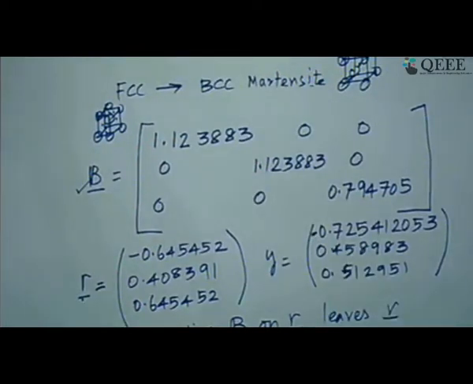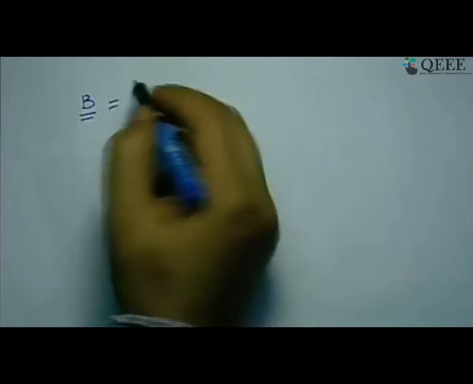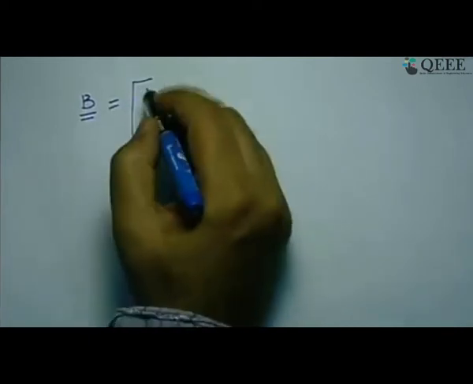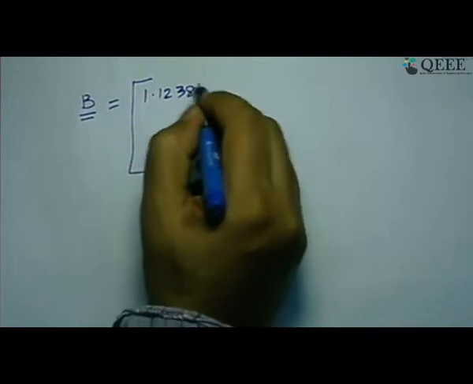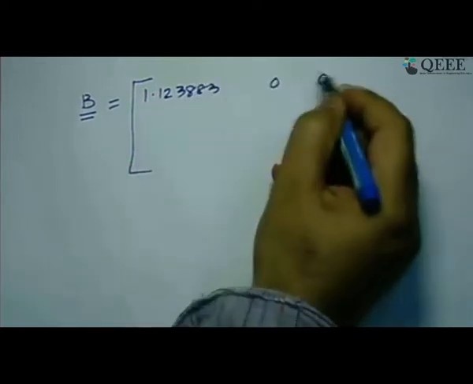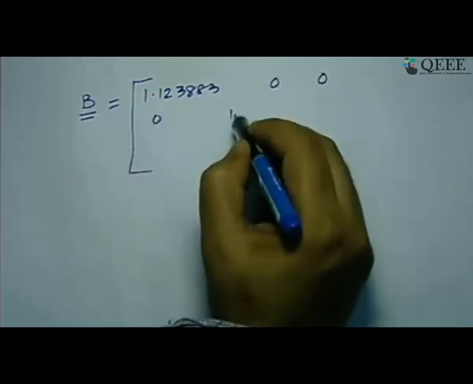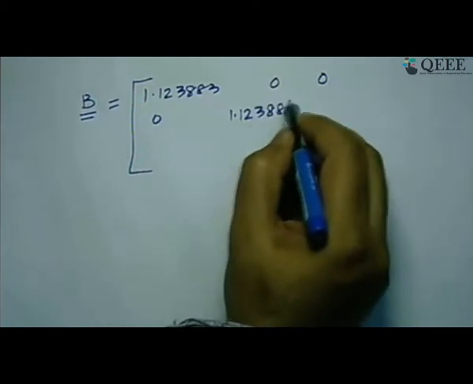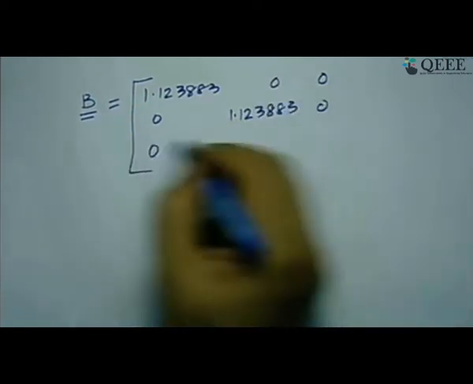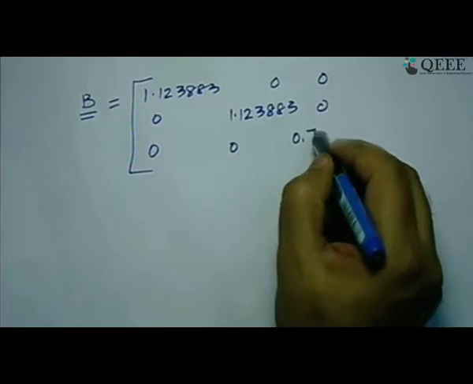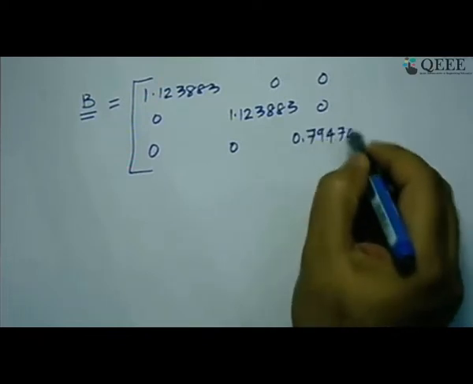So how do we get this vector? We have the B vector, which is given by this: 1.123883, 0.794705.